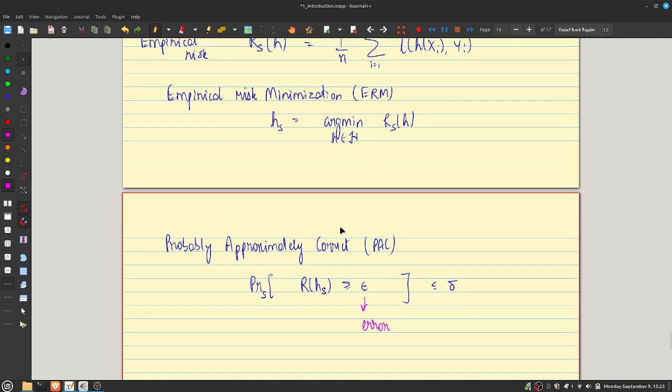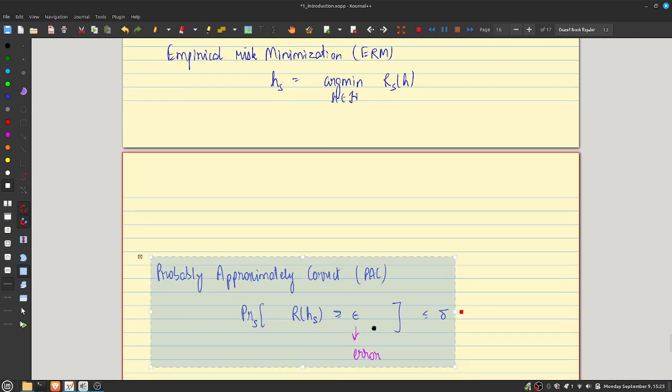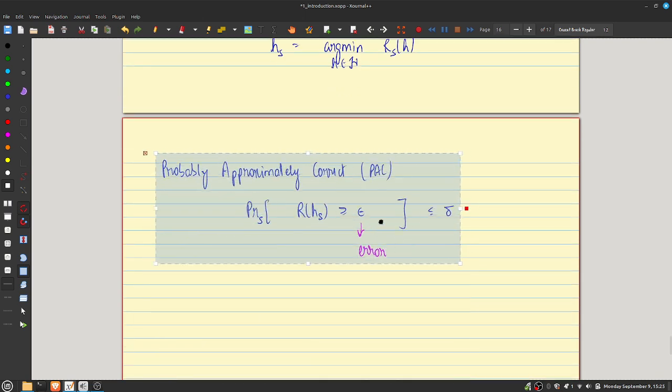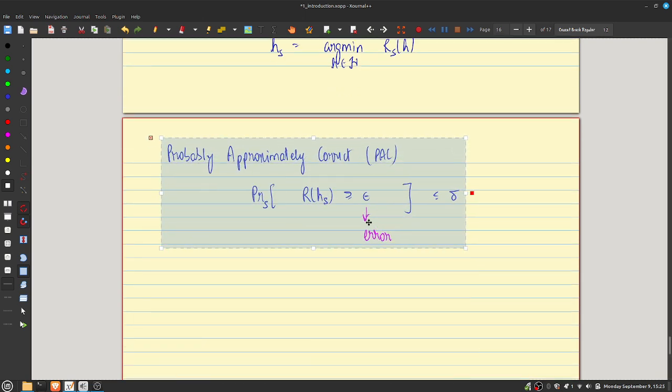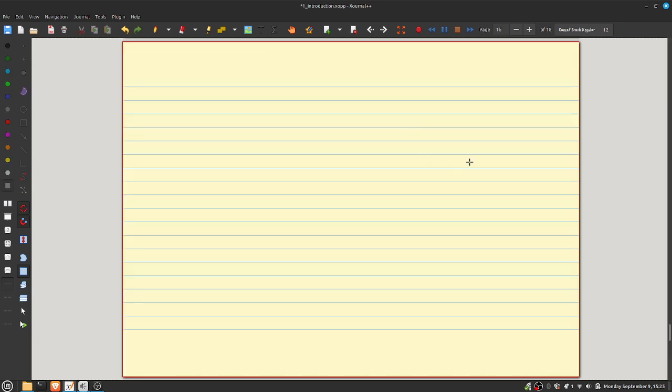Okay, so coming back to this subscript S, one thing to keep in mind is that you have these different quantities. So let's just get used to it.